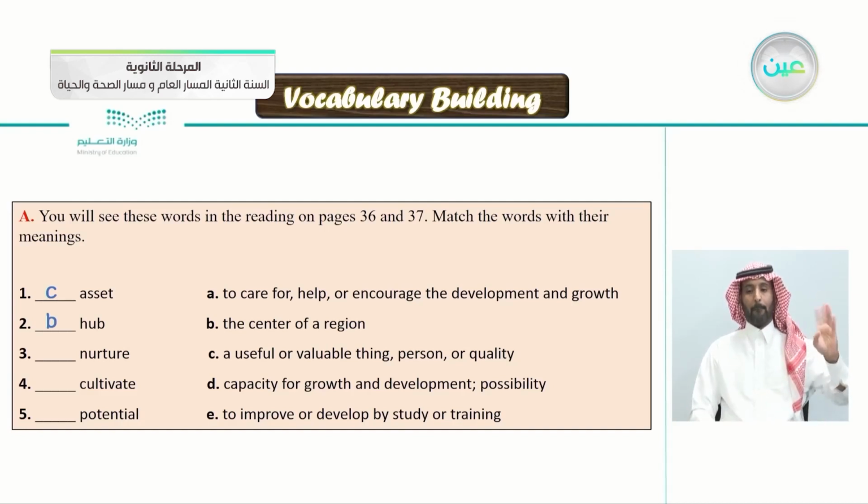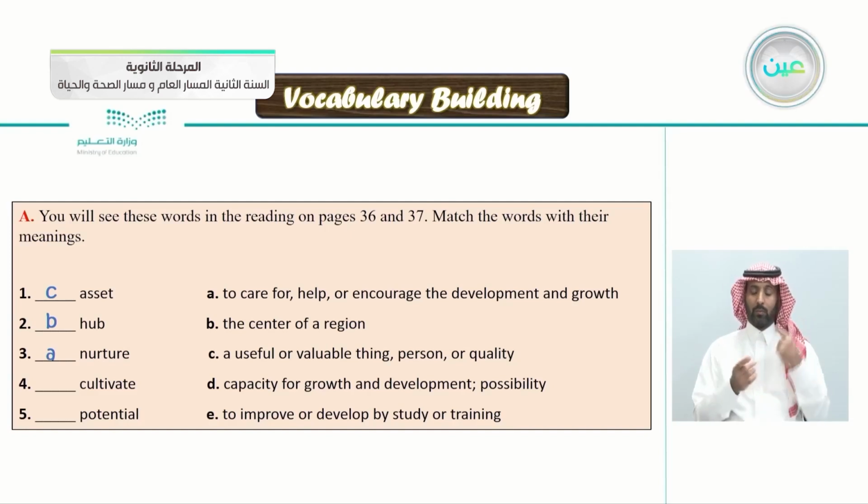Number 3, to nurture. If you remember, they say nurture children in the context. So what does nurture mean? Let's check the correct answer. A, to care for, help, or encourage the development and growth. So when you use it with children, it means to care for them, help them, and encourage them. Number 4, to cultivate.